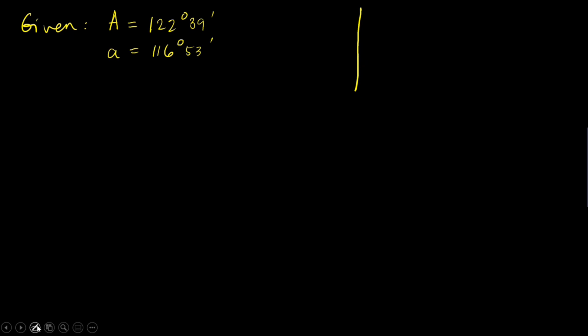So what we need to solve here are, of course, angle B, angle C, and side b. Side c is already given, that is 90 degrees. So we only need to solve these three.